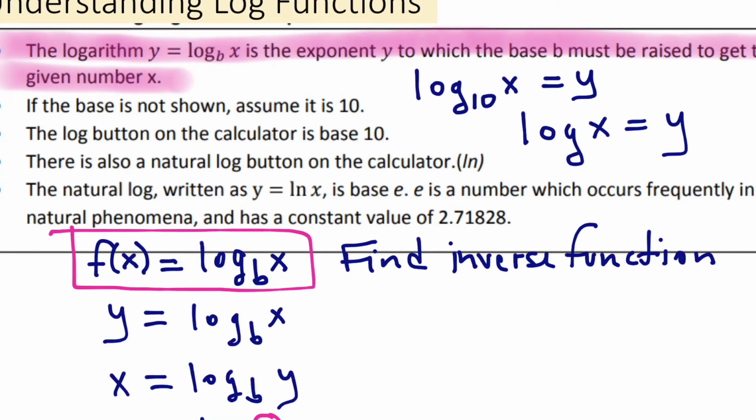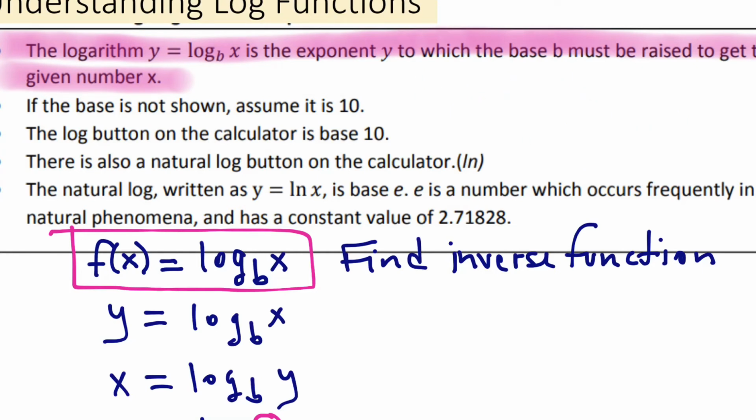There's also a natural log button on the calculator. The natural log occurs in nature, that's why we call it the natural log. It's like pi occurs in nature. This is log to the base e of x is equal to y. This e right here is a constant.